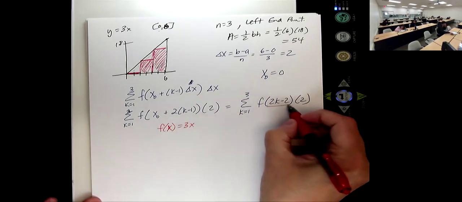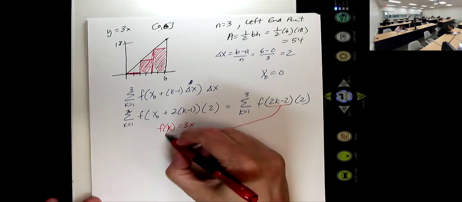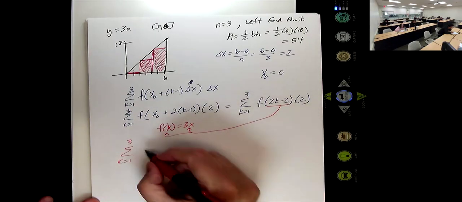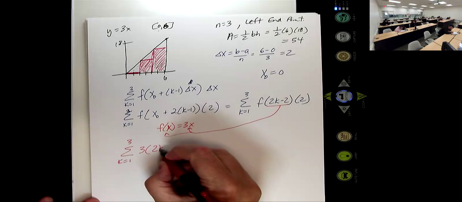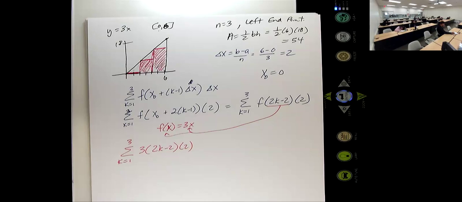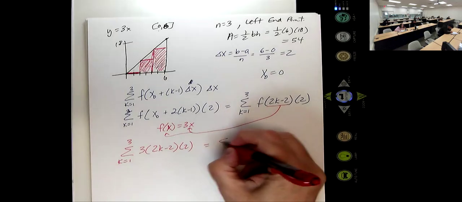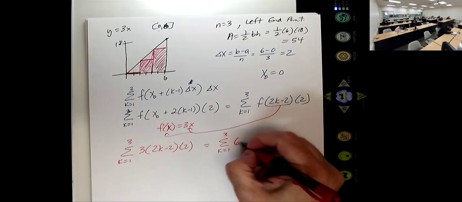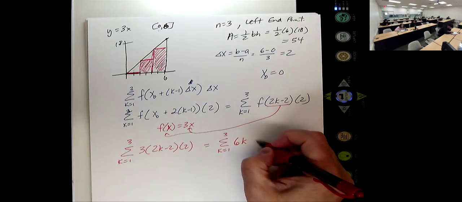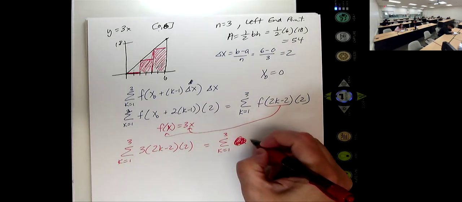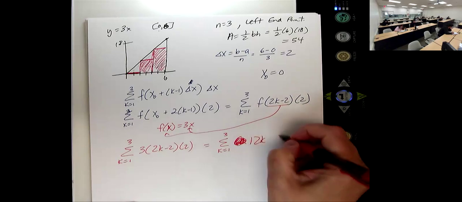So if I'm replacing this inside the x, I have k equals 1 to 3 of 3 times 2k minus 2 times 2. This is 6k times another 2, that's a 12k. 6 times 2k is 12k minus 12.